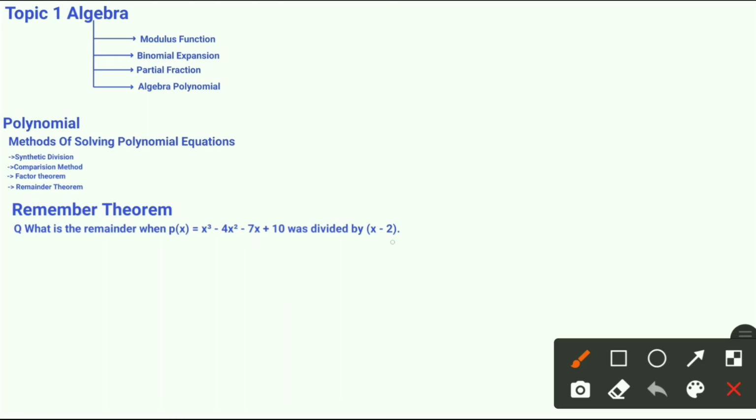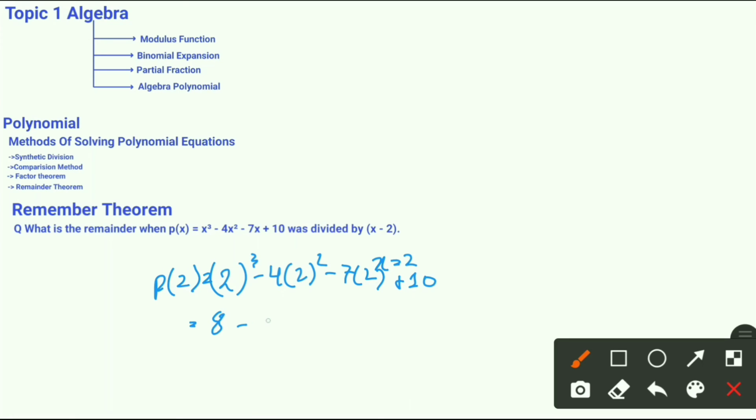Okay. So now x equals 2. Putting into the equation, 8, 16, 14 plus 10. So what I got, I'm using a calculator. 8 minus 16 minus 14 plus 10, and I got minus 12.